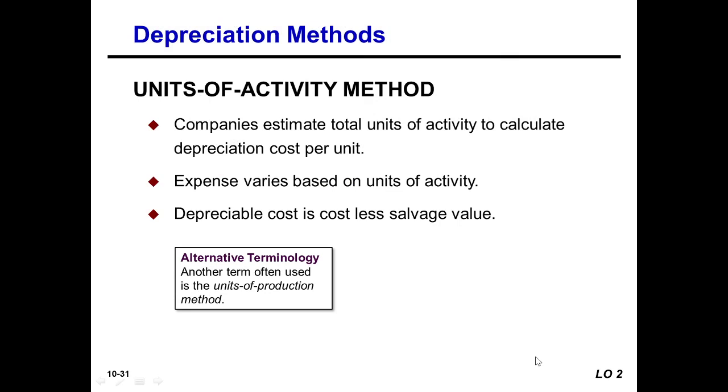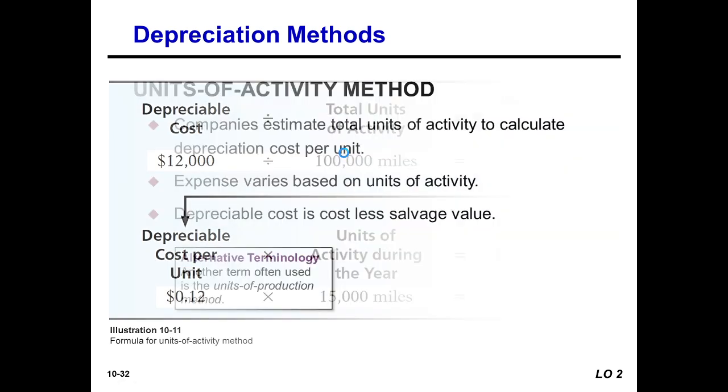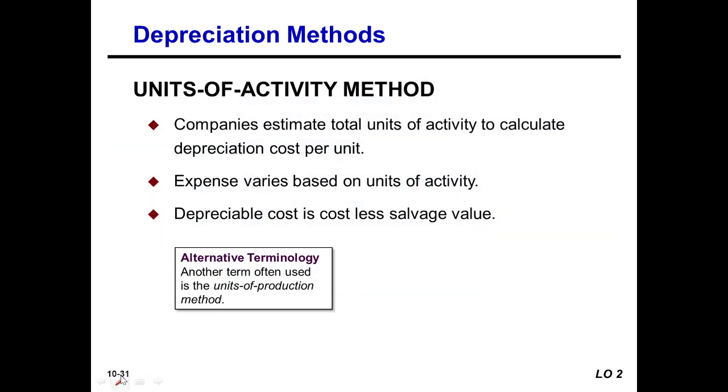Now, units of activity method. Companies estimate total units of activity to calculate depreciation cost per unit. The estimated total units according to the question is 1 lakh units. Can you remember it? Yes.